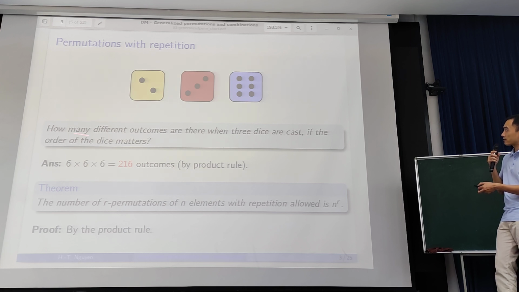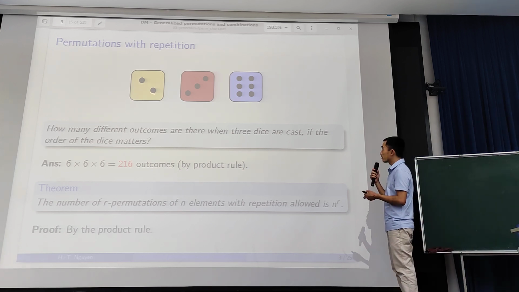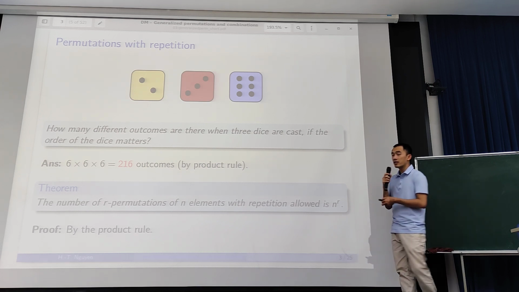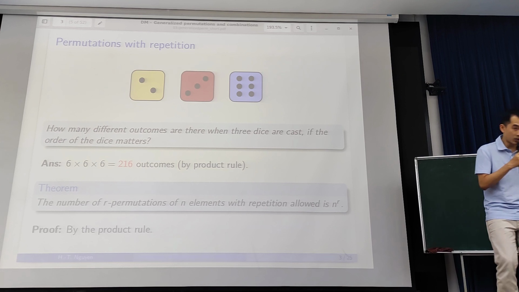In this particular example, each outcome is called a 3 permutation of 6 elements. Here the elements are the numbers on each die, 1 to 6.